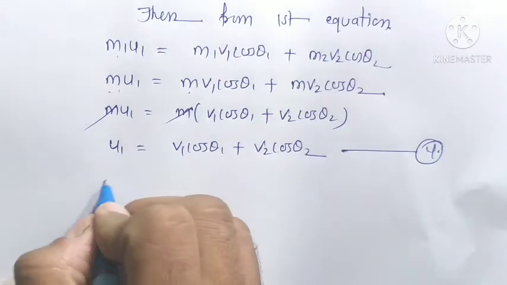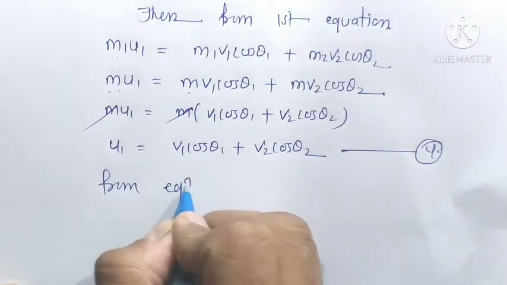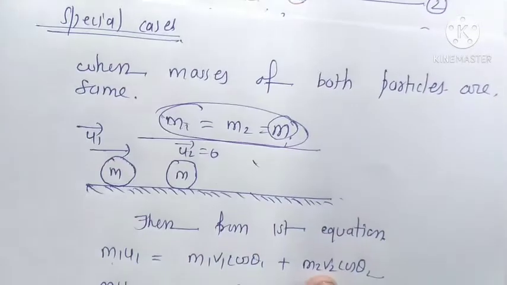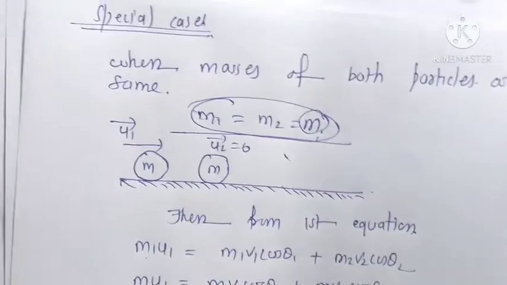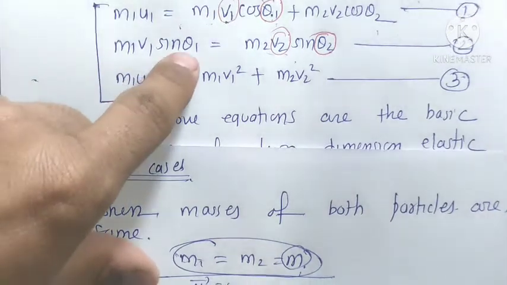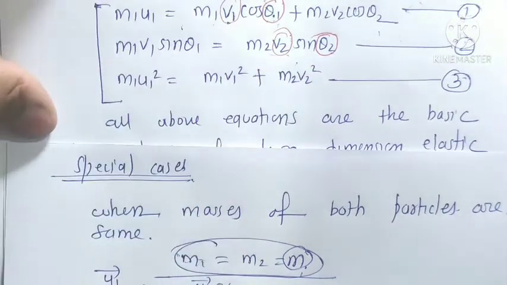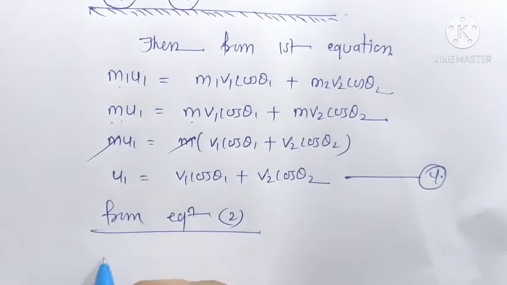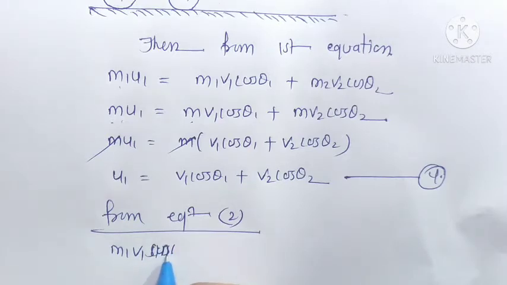Now we use equation number 2. We already have equation number 2 here: m1 v1 sin theta 1 = m2 v2 sin theta 2.